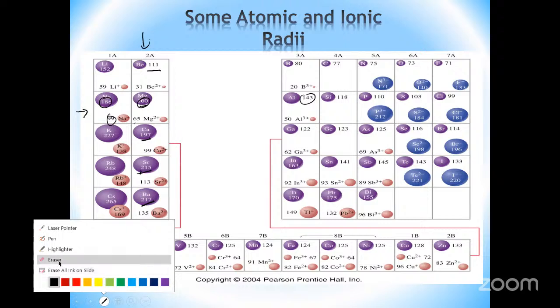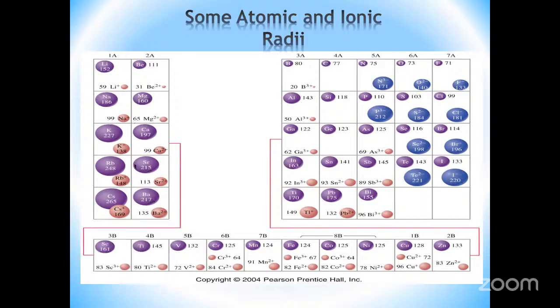And then you can see the comparison between the cation and the atom from which it is formed, right? So for example, this is 152 for lithium atom. 59 would be the radius for the lithium ion. And you see that demonstrated in all the other instances where you're given the size of the cation compared to the size of the atom.